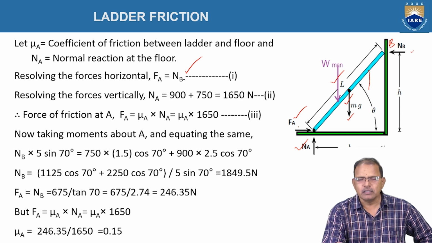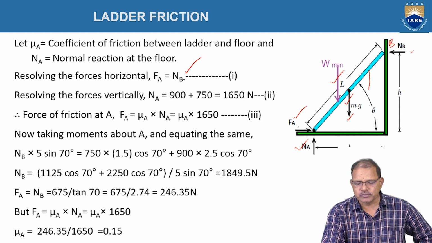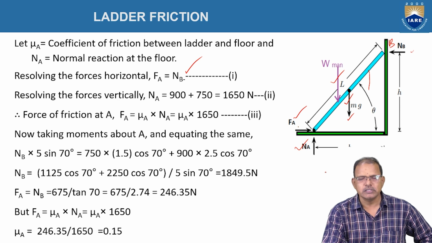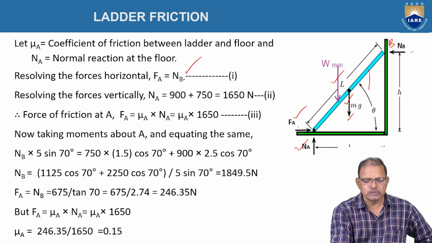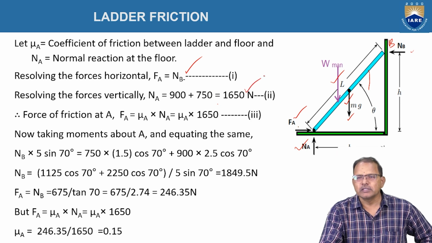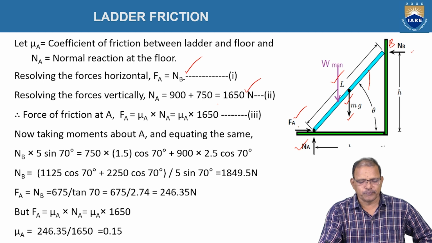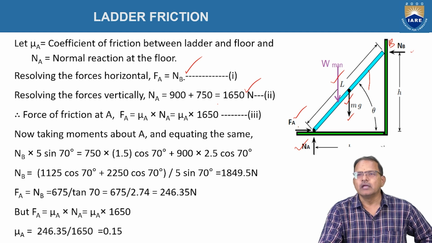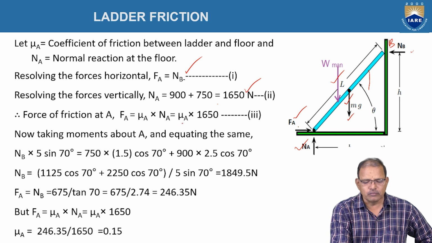These three forces are there. Upward forces are positive, downward forces are negative. In the equilibrium position, the sum of the upward forces is equal to the sum of the downward forces. Hence, according to this problem, NA is equal to 900 plus 750, which is 1650 newtons. Hence, FA is equal to the coefficient of friction, which we can take as mu, into 1650.